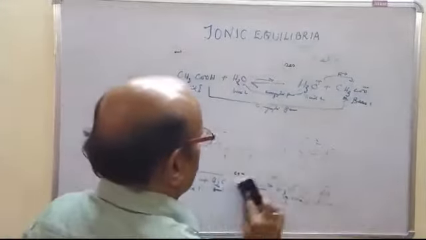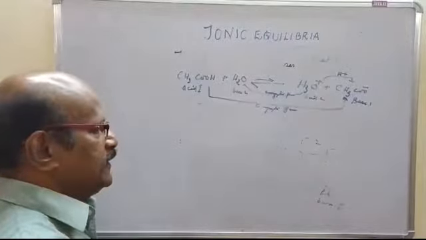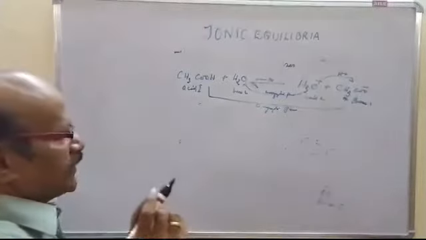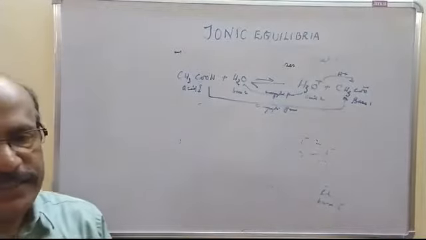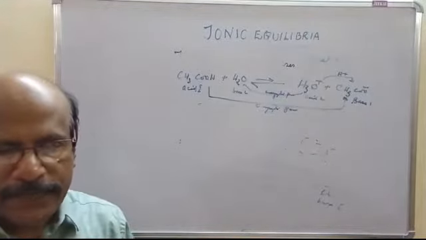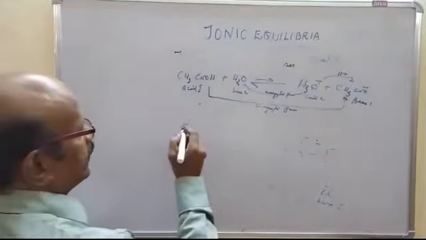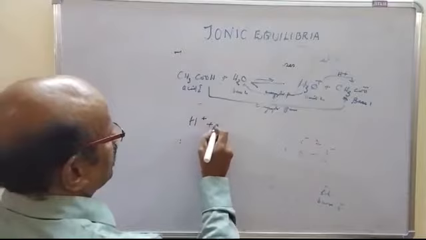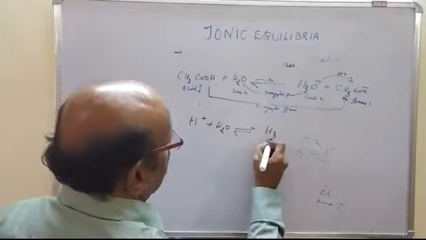The next thing is the case of water. If water is the solvent, the liberated H plus ion combines with the solvent water molecule and exists as the more stable hydronium ion. H plus and H2O combine to give the more stable hydronium ion.